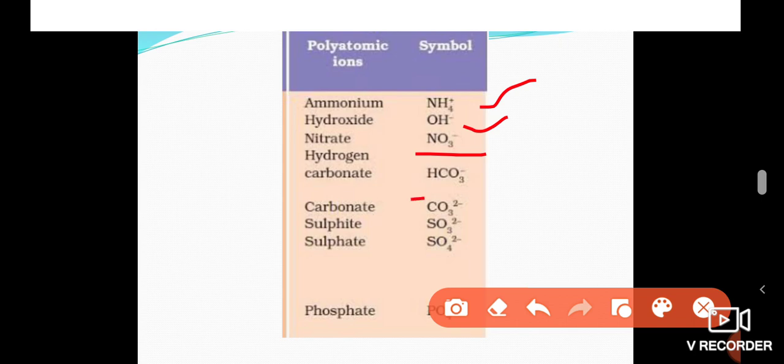Like that, this is hydrogen carbonate because it is made up of hydrogen, carbon and oxygen. And CO3 2- is carbonate. Sulfite, SO3 2-. Sulfate, SO4 2-. So these are all examples of polyatomic ions.